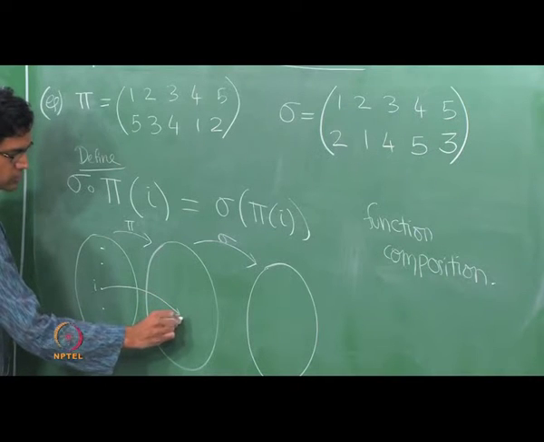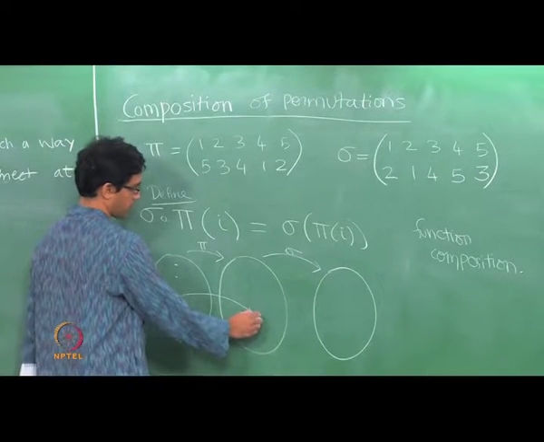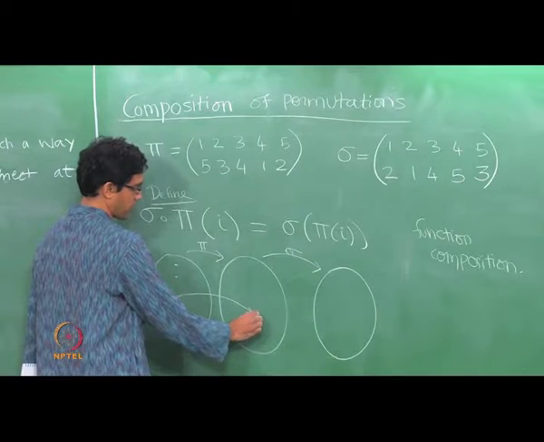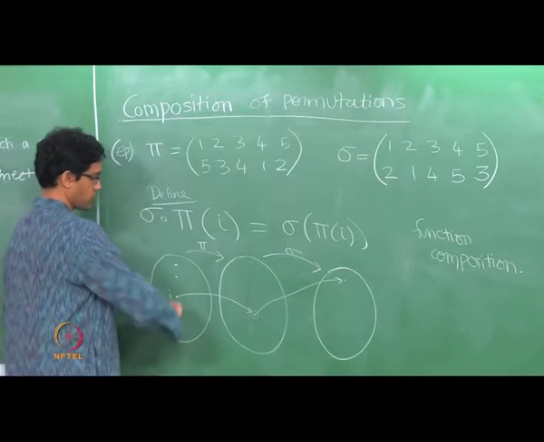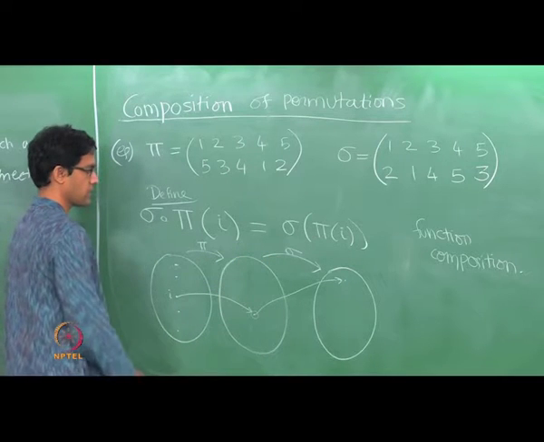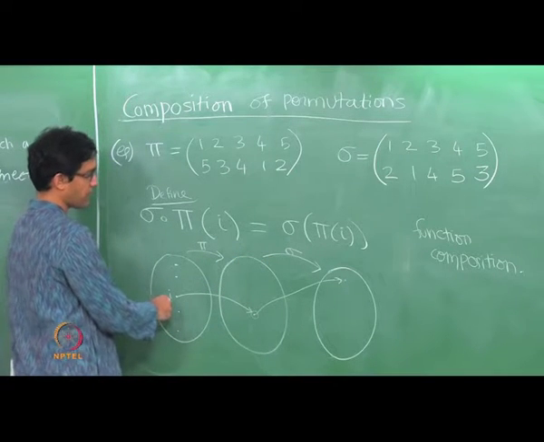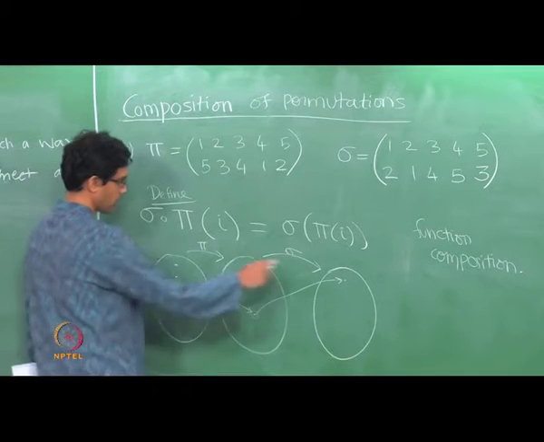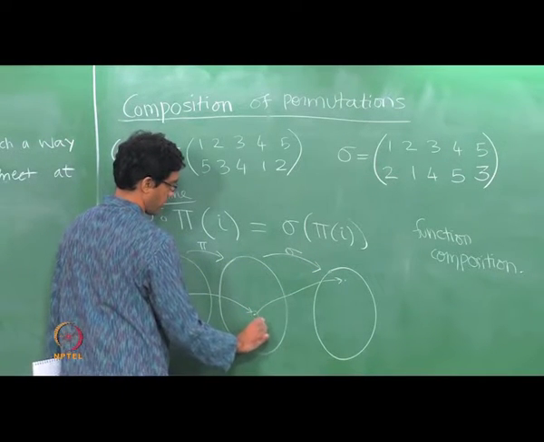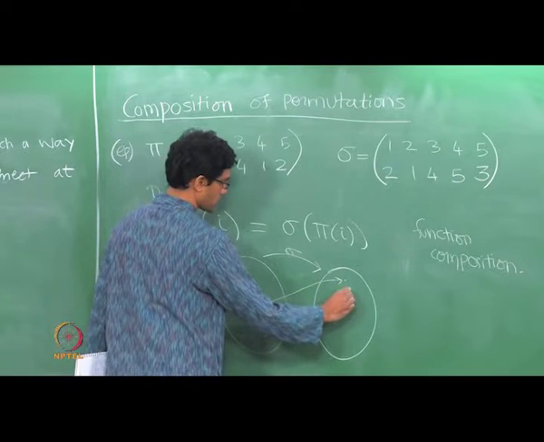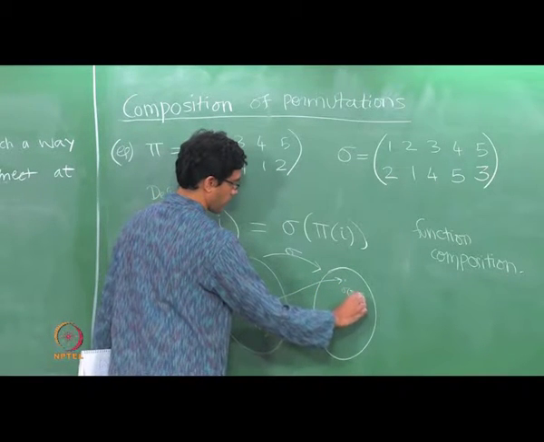It maybe maps it to some other number, and then whatever that number is, I see what sigma does to it. So maybe sigma maps it to this number. So these two steps, one after the other, tell me what I finally maps to. It goes to sigma evaluated on pi of I. So this is the number pi of I, and this final answer is just sigma evaluated on pi of I.